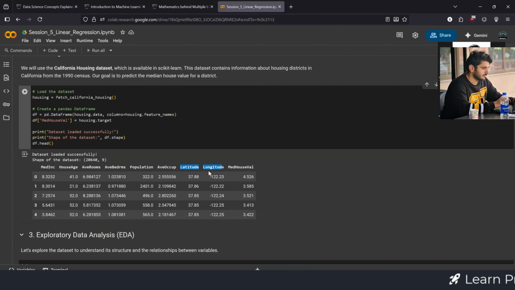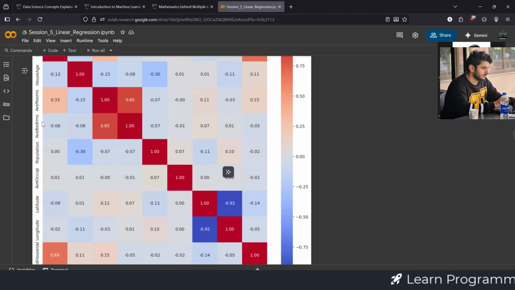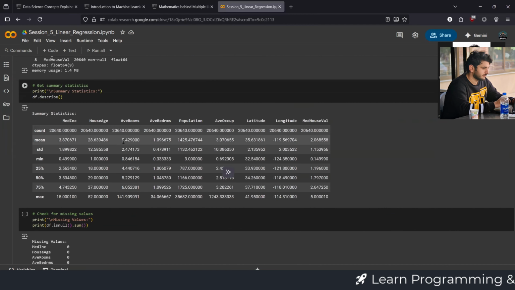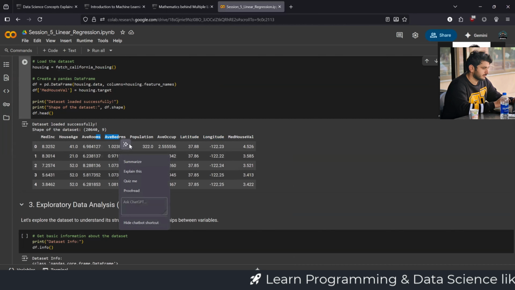We don't get that from these two. So whenever we're working on linear regression, we don't want to include them. And we also see in the correlation matrix that bedrooms and rooms have a high correlation. So if we are trying to make the perfect model, we will not include both of them. We will include only one of them, right?